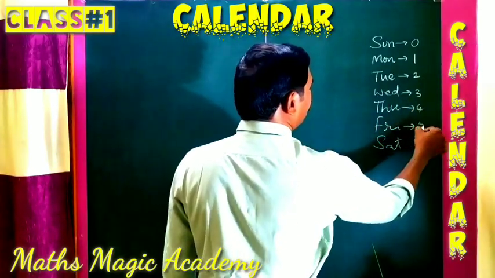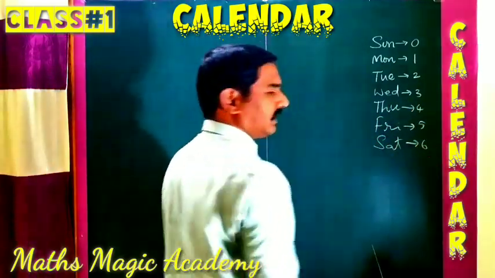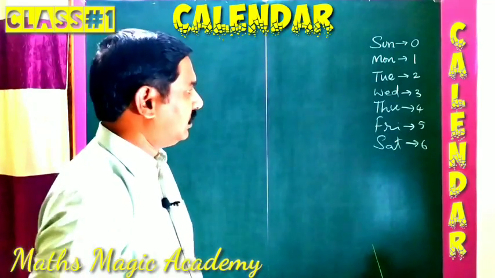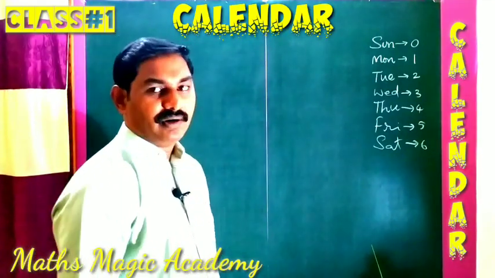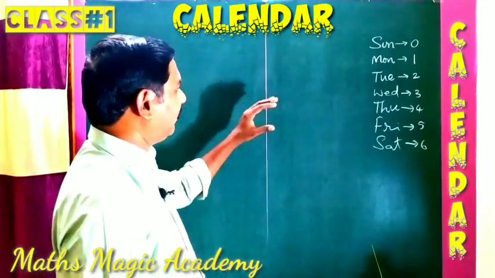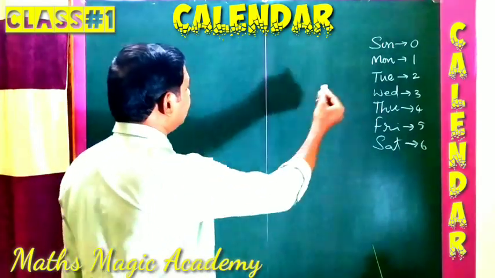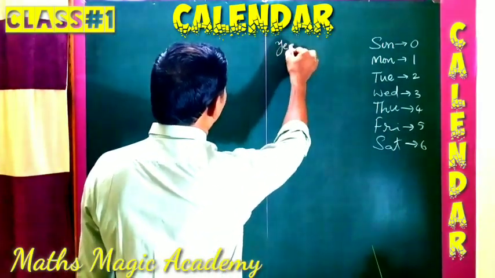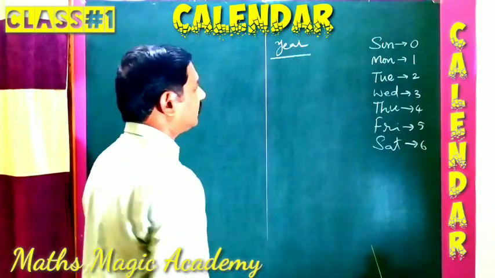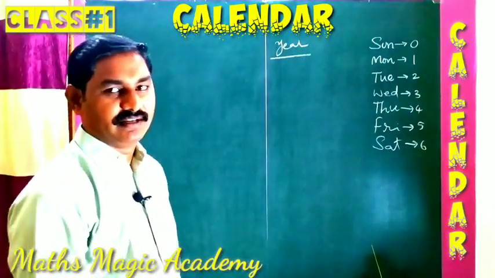4, 5 and 6. Okay, and go for the number of weeks in a year.